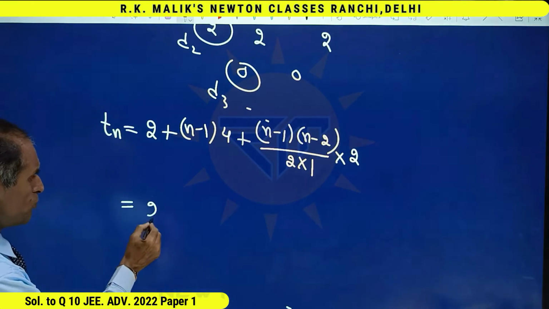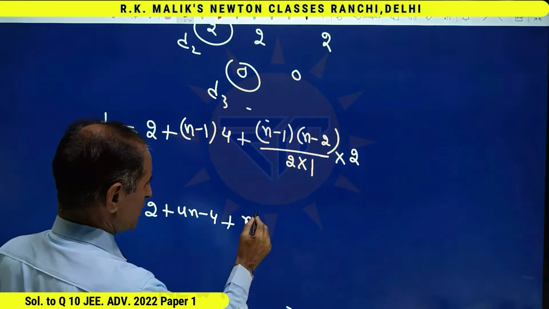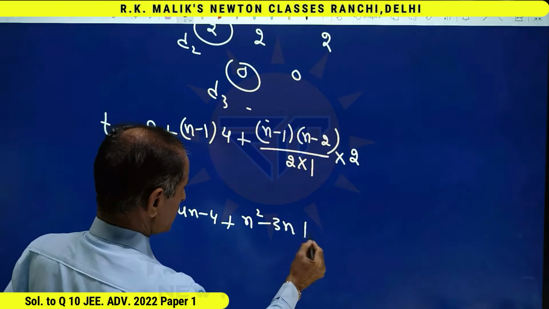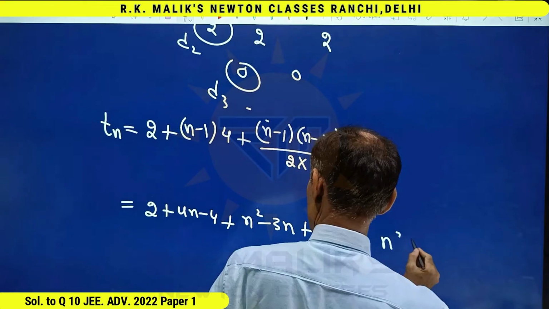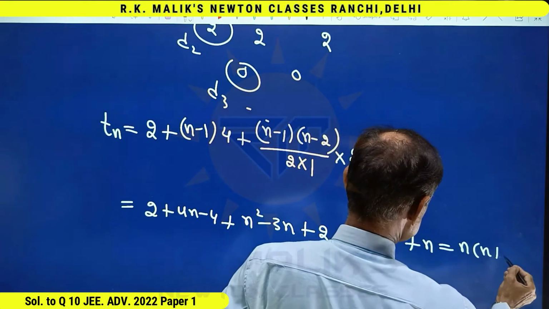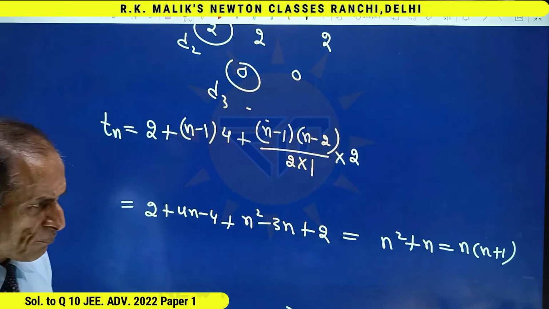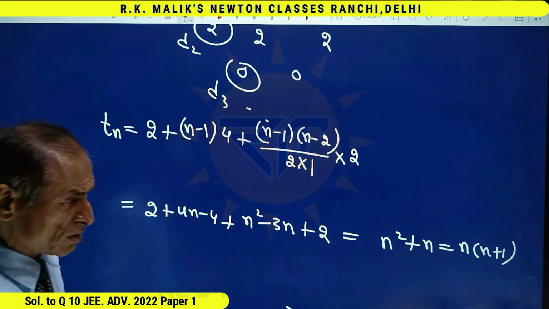That is, I get 2 plus 4n minus 4 plus n square minus 3n plus 2, that is n square plus n, that is n into n plus 1. That is, the nth term of the sequence is n into n plus 1.